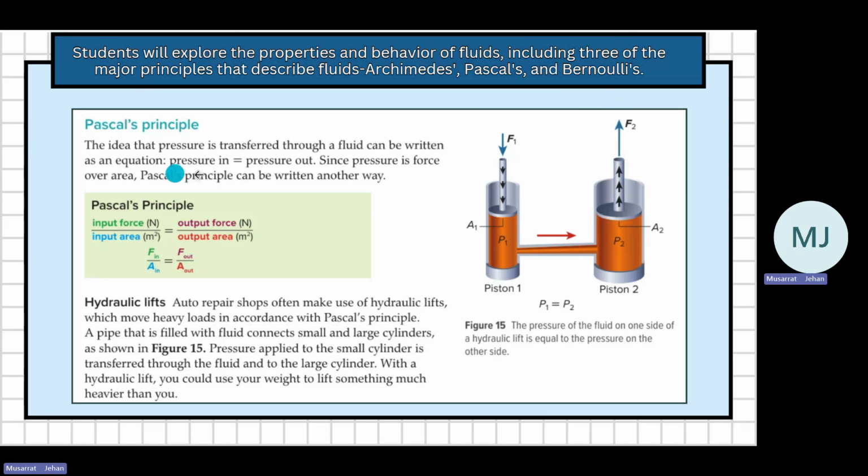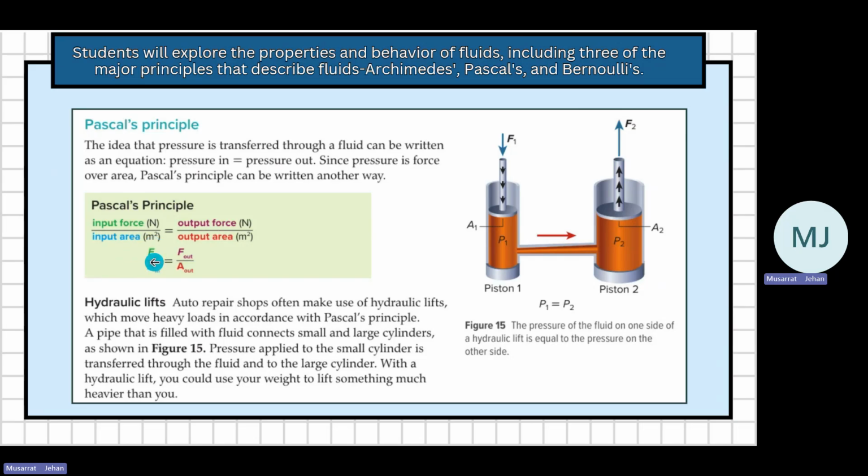This you should know: pressure is equal to force divided by area. The pressure which we apply here will pass through and will be equal to the pressure which we get here. So pressure in should be equal to pressure out. Pressure is force over area. So input force over input area will be equal to output force over output area. Force's unit is Newton and area is square meter.